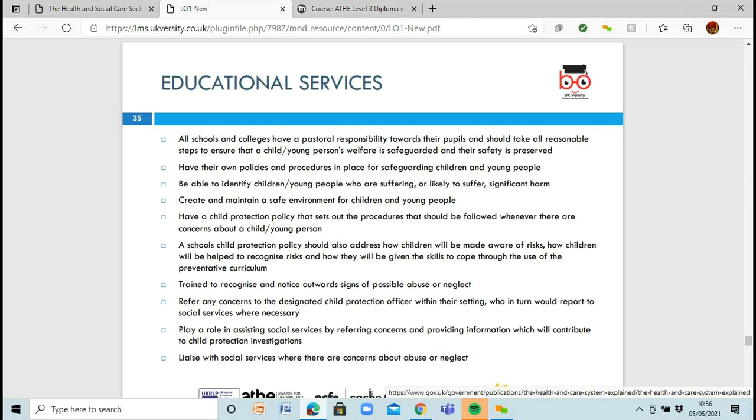Educational services, now they're there to predominantly safeguard young people. Within school services, I've worked within schools for a number of years, too many to be counting, and there's many times where I've been approached by children who have come up and made a particular comment to you, or told you something.